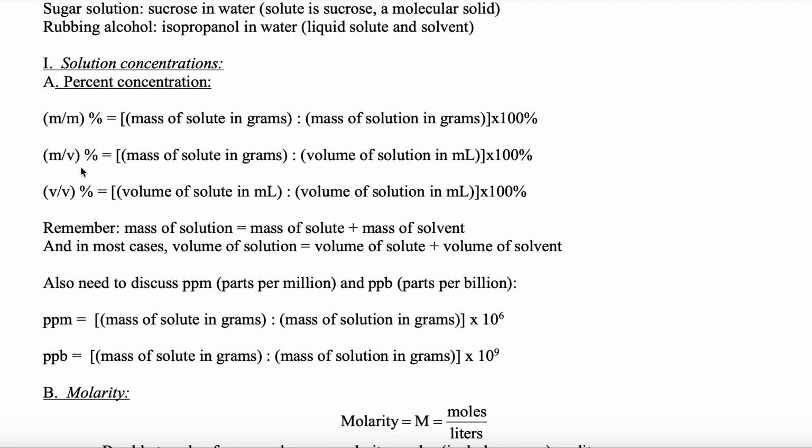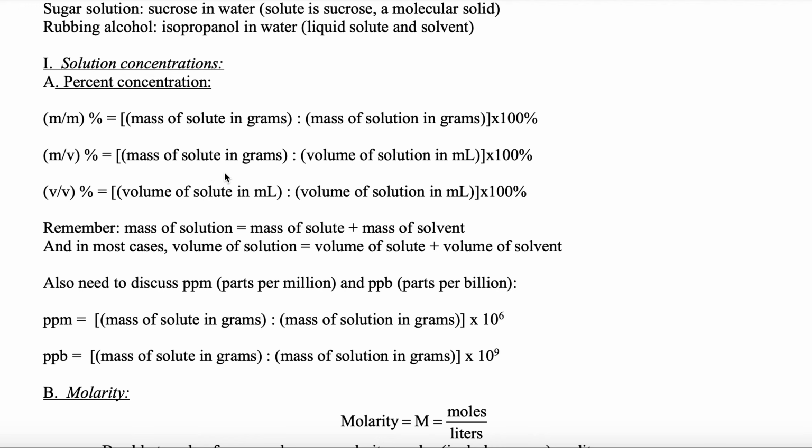Now you can do mixed units, like mass of solute in gram divided by volume of solution in milliliters. And that's easy to determine, the volume of the solution. When you mix your solution, you got your solute in the solvent and mix together. You can always transfer that into a graduated cylinder and find out what the volume is. The mass of solute, you can always weigh it using a balance in the lab.